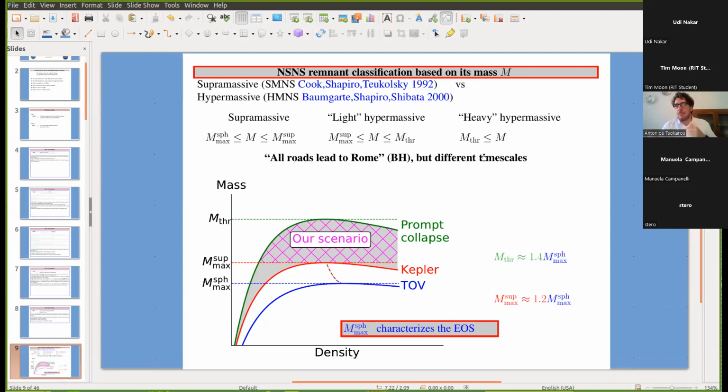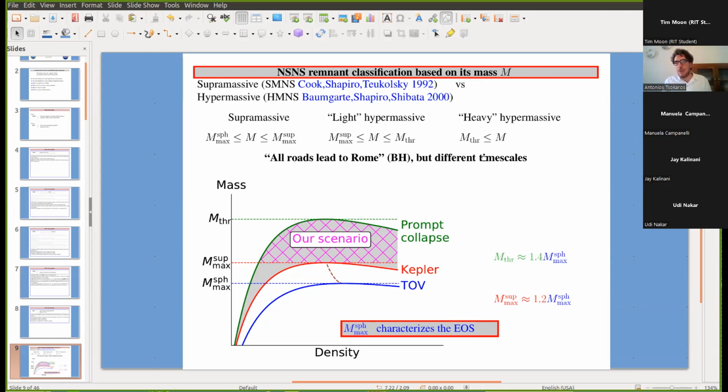But in order to capture that, you need high resolution to capture the so-called Kelvin-Helmholtz instability and other instabilities, the MRI and so on. So we cannot afford this kind of high resolution simulations, although most of the simulations that you have seen used high resolution, which is approximately 90 meters. But still, this is not high enough to capture these magnetic fields.